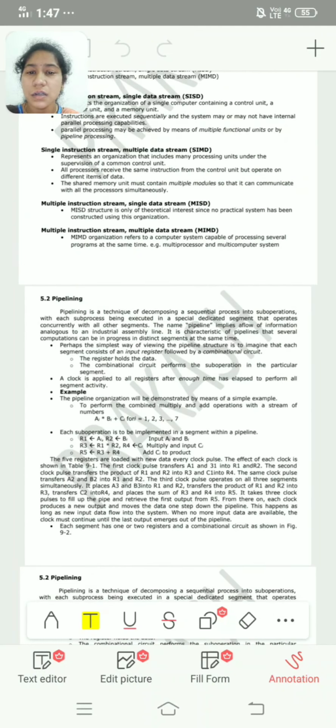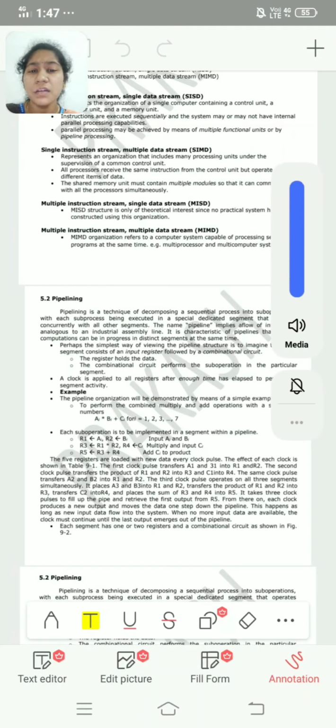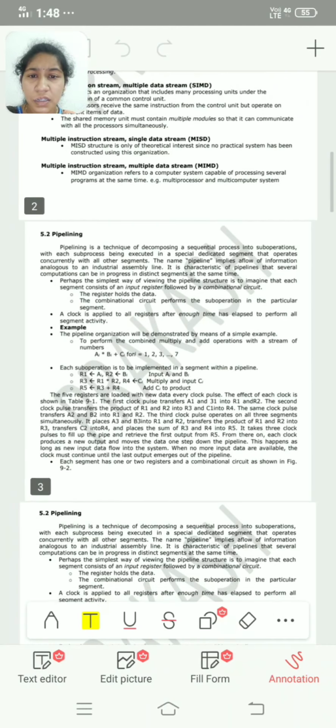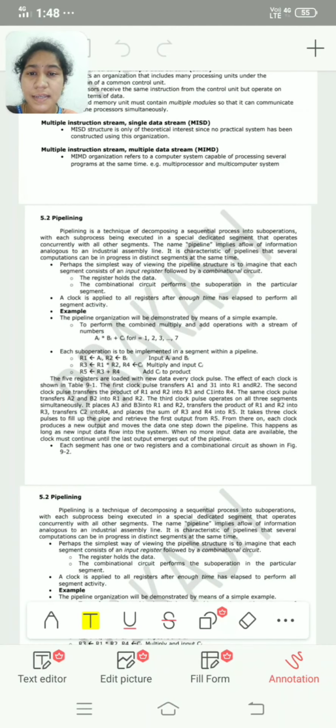SIMD represents an organization that includes many processing units under the supervision of a common control unit. All processors receive the same instruction from the control unit but operate on different items of data. The shared memory unit must contain multiple modules so that it can communicate with all the processors simultaneously.